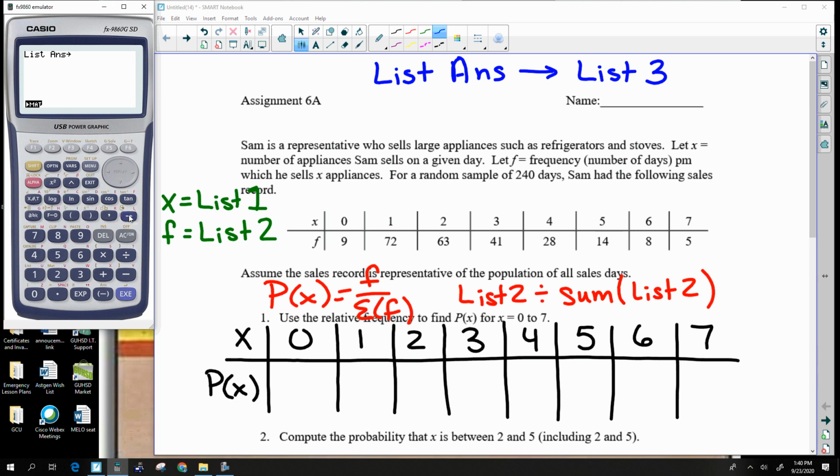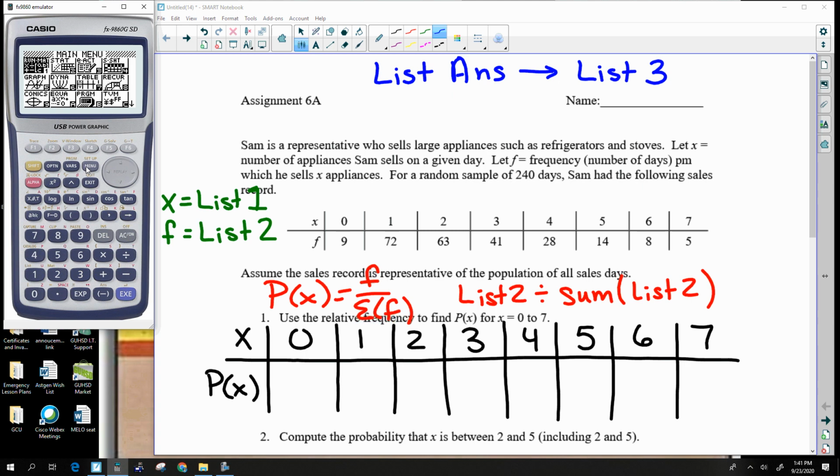So I'm, in essence, saving a file into my calculator, and I'm now going to enter list 3. Again, one more time, what I did is I went shift, list answer, store as list 3.